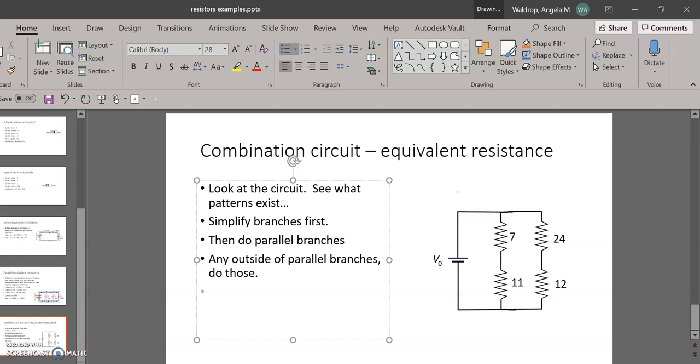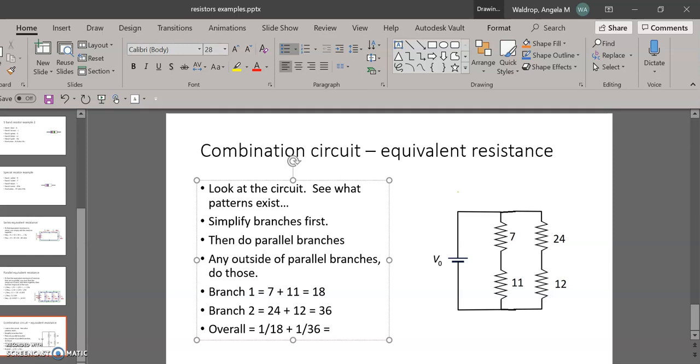So what we'll do is we'll simplify branch 1. That's going to be 7 plus 11. And yes, I was playing with numbers a little bit. That will be 18. Branch 2, that's going to be 24 plus 12. That's 36. And in the overall, I'm going to take 1 over 18 plus 1 over 36. I'm going to convert those to decimals.